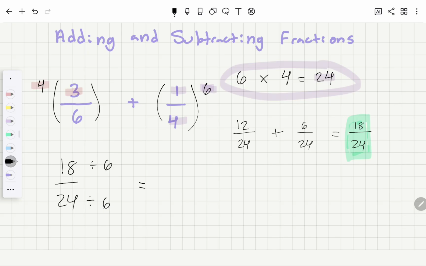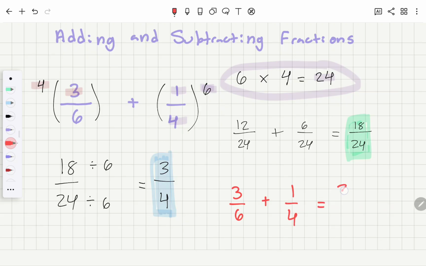Well, 6, 12, 18. 3 numbers, 3. 24 divided by 6: 6, 12, 18, 24. 3 over 4. There's nothing that I can divide 3 by that I can also divide 4 by. So I know that this 3 over 4 is my answer. And if you want to rewrite that, you can go ahead and do that. So 3 over 6 plus 1 over 4 equals 3 over 4.